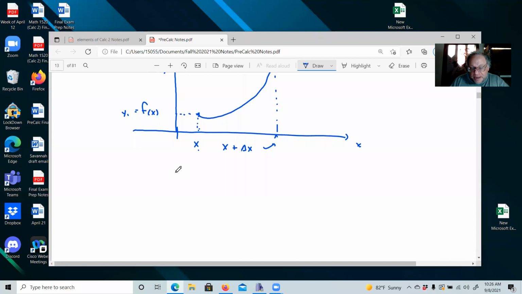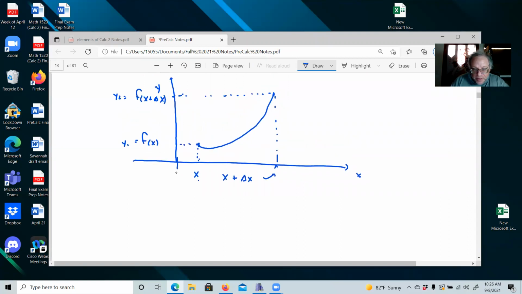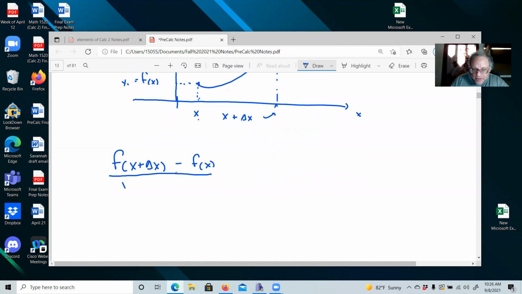Now, if I go back to my slope form, right, we're going to say this is y2 minus y1 all over x2 minus x1. Now, we can simplify this a little. So this is f(x plus delta x) minus f(x).